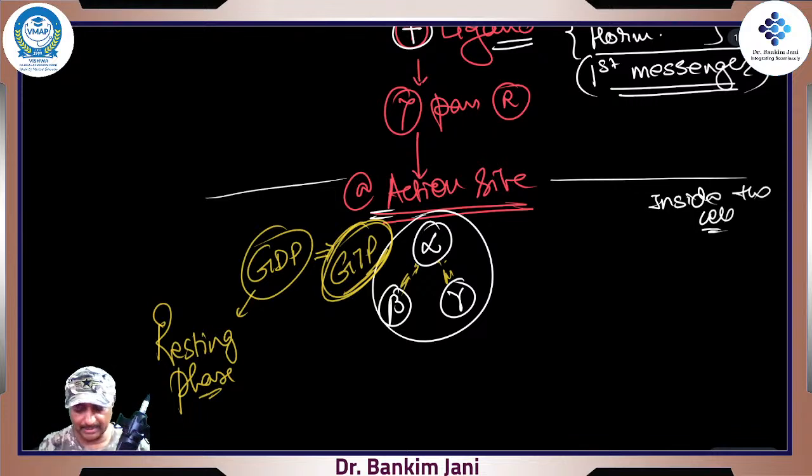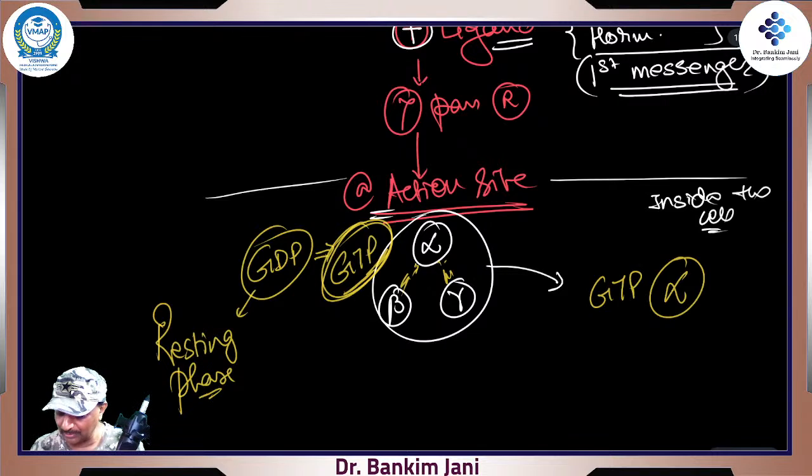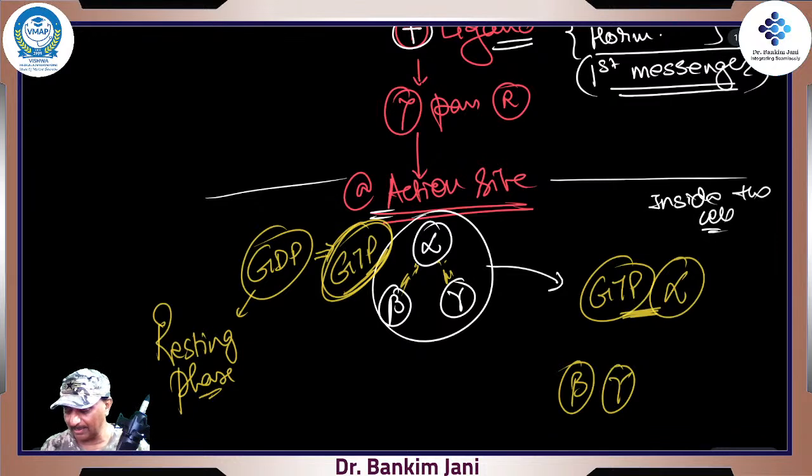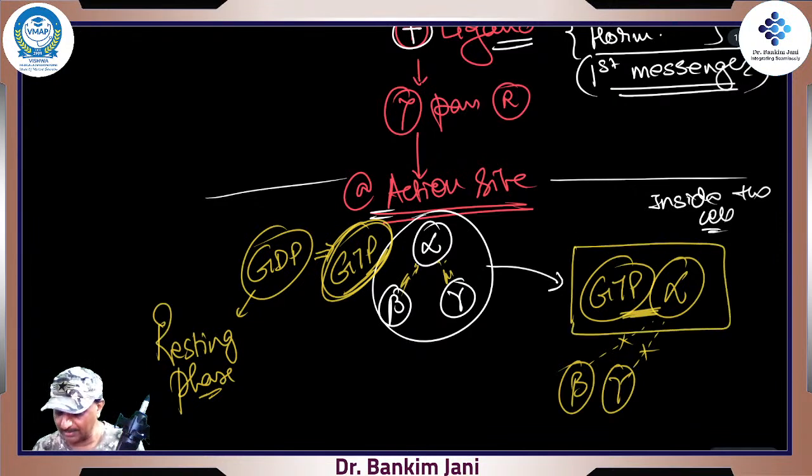But now when the GTP comes, this is what really happens. Now this alpha says, okay, you have a friend who will give 5 lakh, so I'll take him along. Okay, beta people, gamma people, bye bye, we'll meet again. And this thing is broken. So now our GTP and alpha move further, to that higher level of contacts.